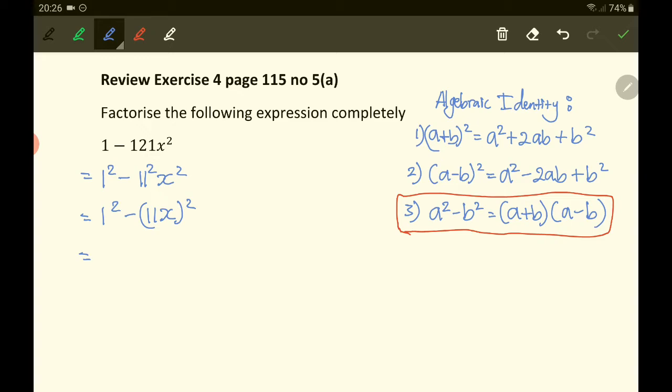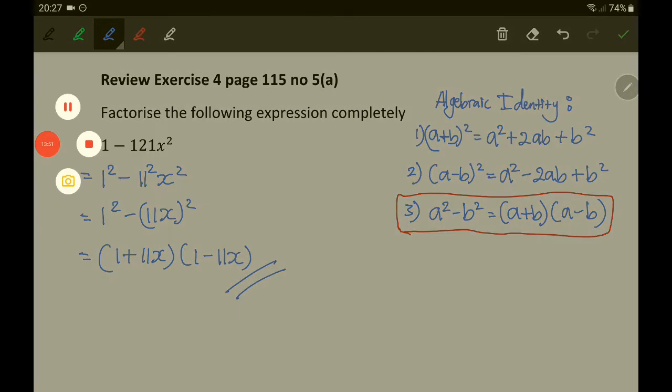So we can write a plus b, which means 1 plus 11x, times a minus b, 1 minus 11x. Done. This is the answer for this question.